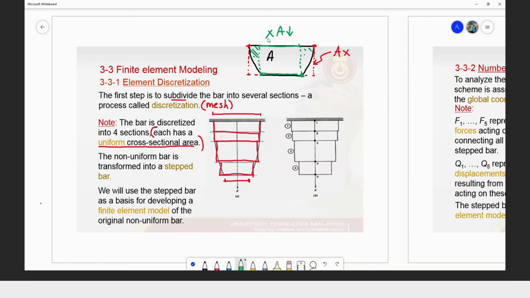So the best way, if we have non-uniform structure like this, to obtain equivalent or approximately equivalent area, what we can do is we take the mid section between the top line and the bottom line. So kita akan ada somewhere dekat sini. And then from there, we take this point here and then project it to the top and project it to the down.